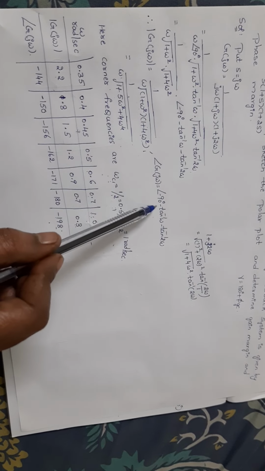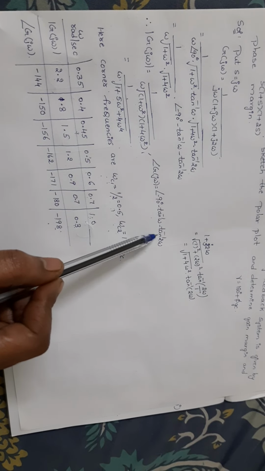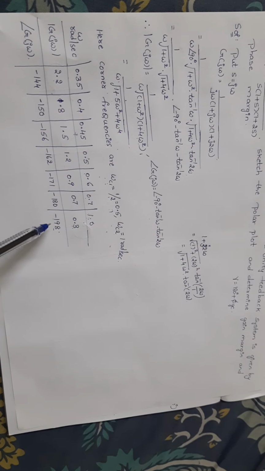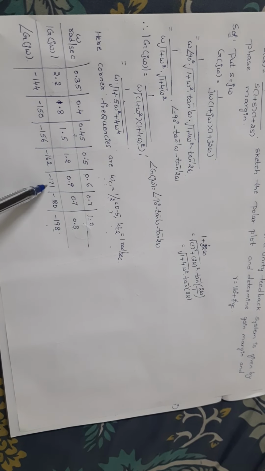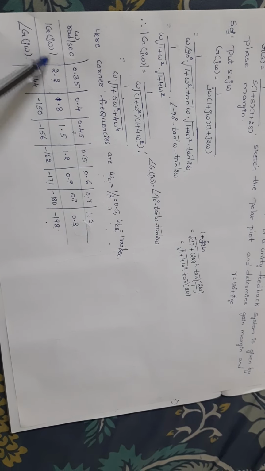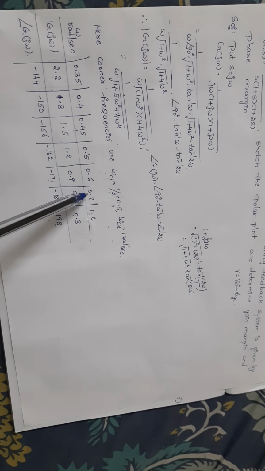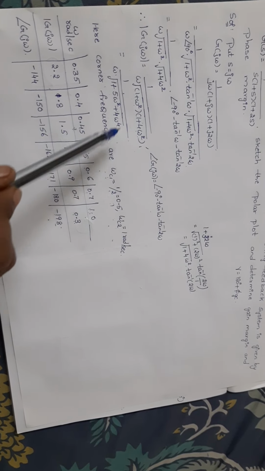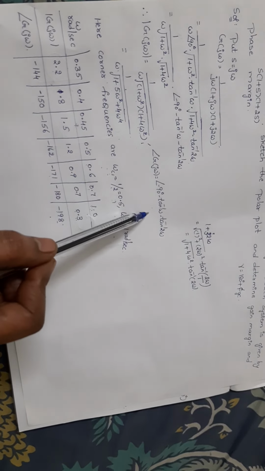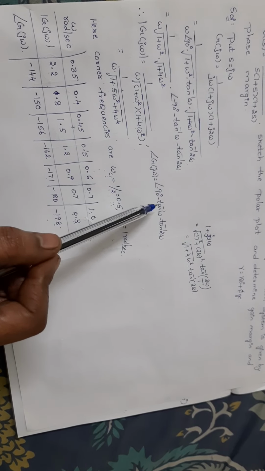And the angle is minus 90 degrees minus tan inverse 1 minus tan inverse 2, so you get the angle as minus 198 degrees. These are the angle values in degrees, these are the magnitude values, and these are the ω values. In your calculator, for each ω value, calculate the magnitude as well as the phase angle.